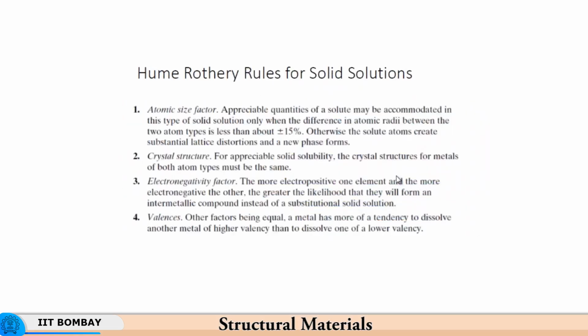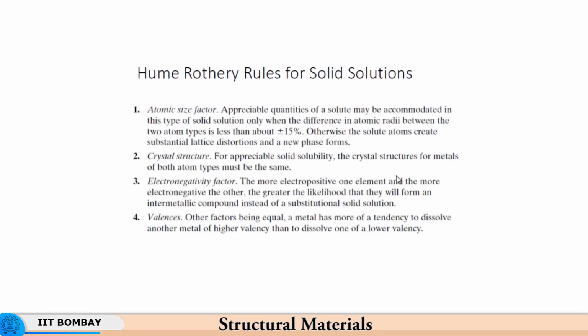So, this is what we have seen about the phase, and then we have also seen how solid solutions can be formed by adding two different elements or by mixing two different elements, and the rules which govern the mixing, or basically the possibility of forming an alloy, are the Hume-Rothery rules.